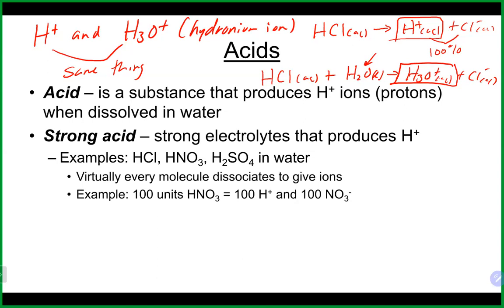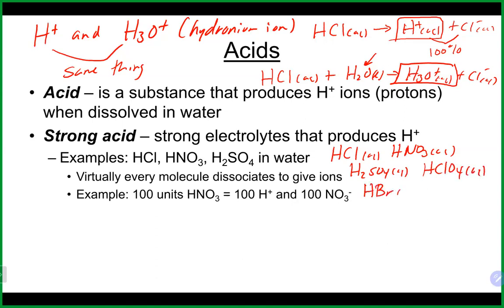Now, there is a list of strong acids. What we see here is hydrochloric acid, nitric acid, sulfuric acid. So this is a good list to keep in mind. Hydrochloric acid, nitric acid is a strong acid. Sulfuric acid is a strong acid. Perchloric acid is also a strong acid.